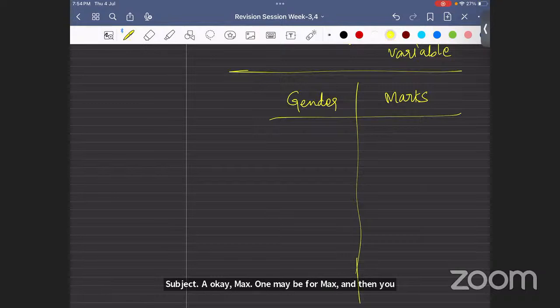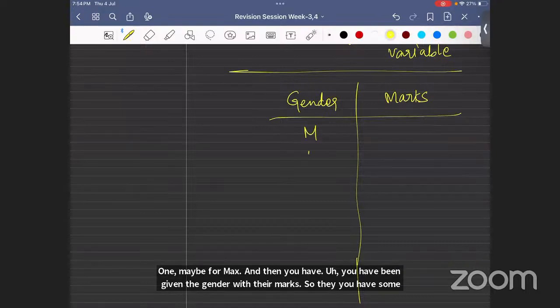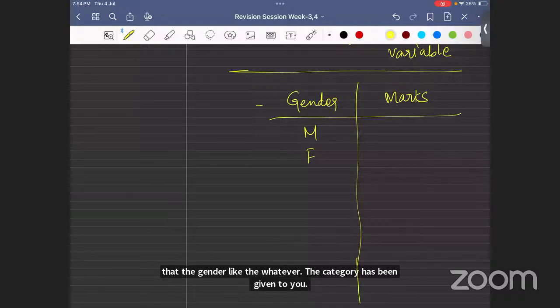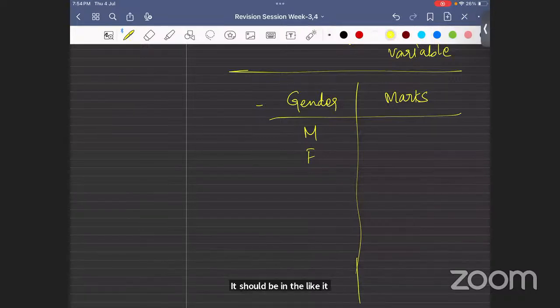So you have some observations, say 10 observations, and out of that there can be 5 male or female or whatever the number is. But the thing you have to consider is that the category given to you should have only two categories present. Then you have to check whether there is any association between the marks and the gender.